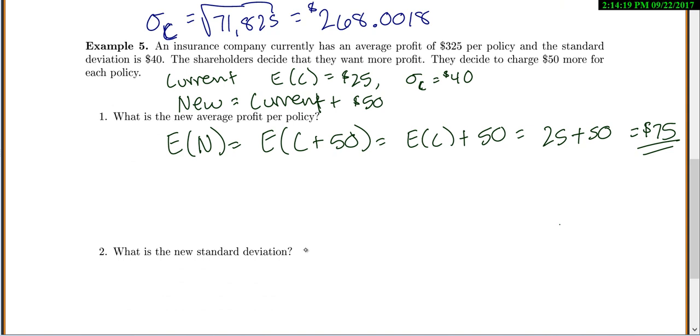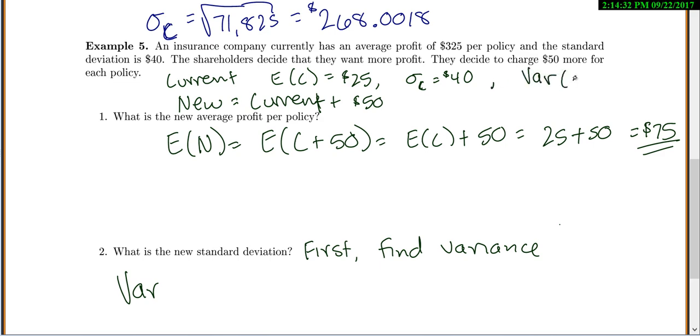New standard deviation. First, find the variance. Oh, we didn't find variance up here. Let's do that. So the variance for the current is just 40 squared, or 1600. So the variance for the new is the variance of the current plus 50.